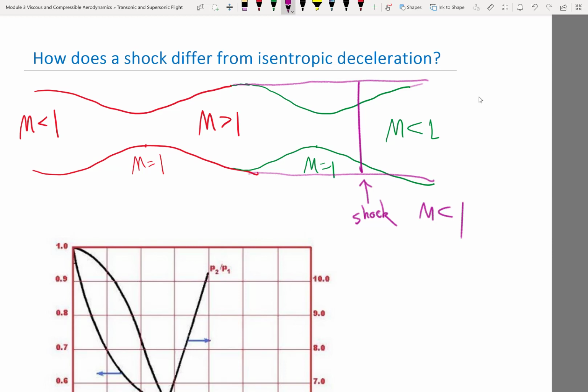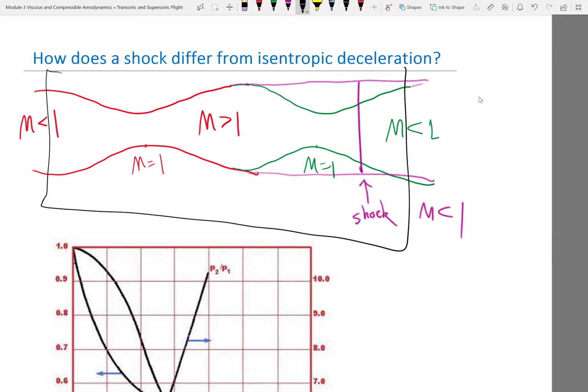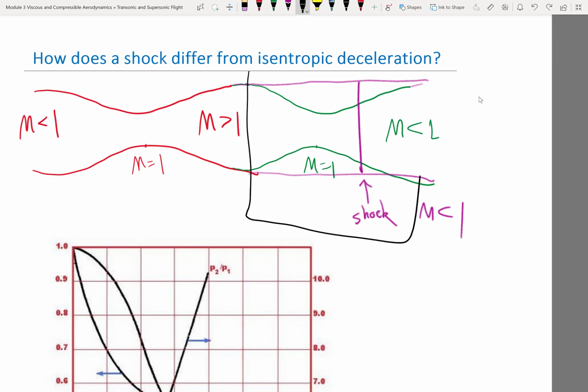So let's apply some conservation laws to analyze what's really different between the two cases. Basically the control volume goes from here all the way to here.